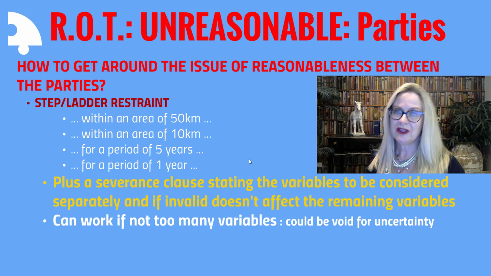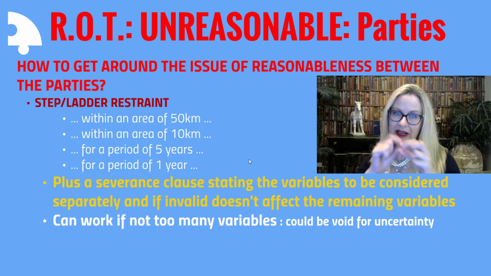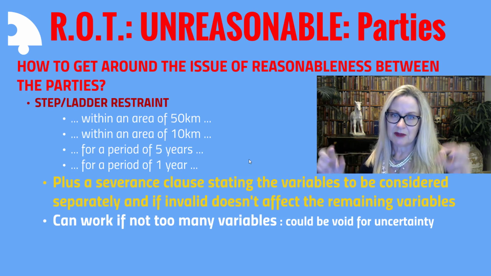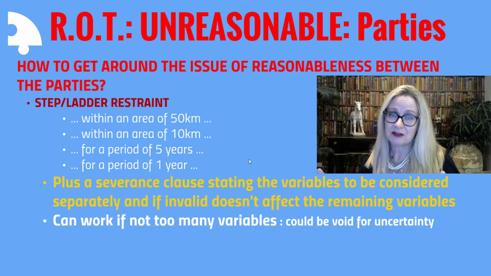So you're putting cascading clauses where the restraint is just repeated, but in slowly smaller and more constrained increments. And the idea is that if any of those are considered to be going further than protecting a party's legitimate interest, then the court can just simply strike out the ones that are offensive.